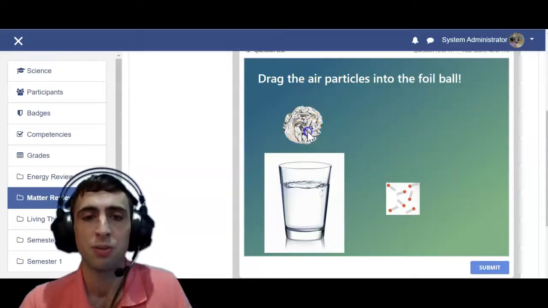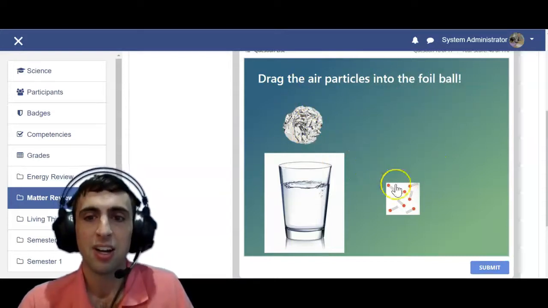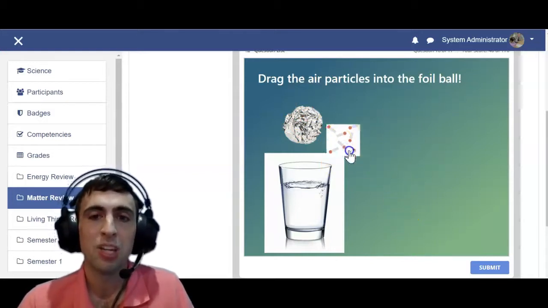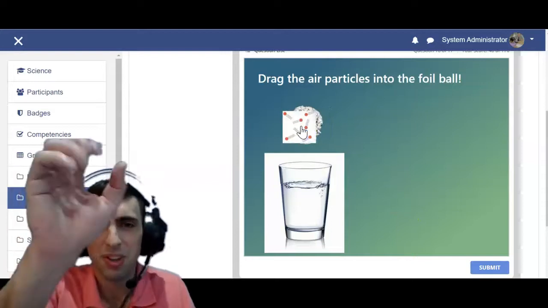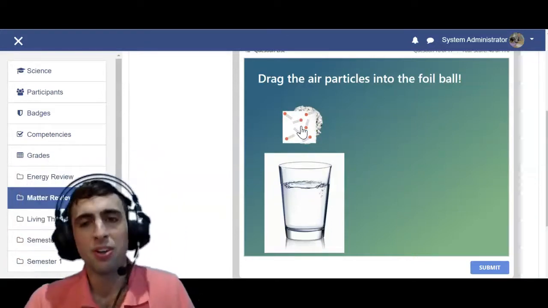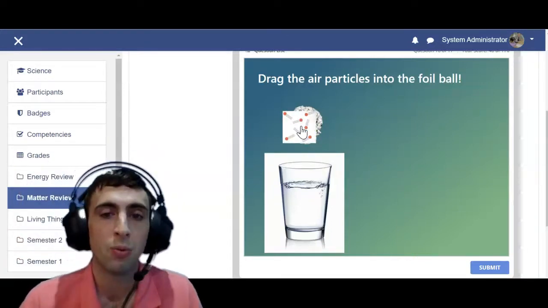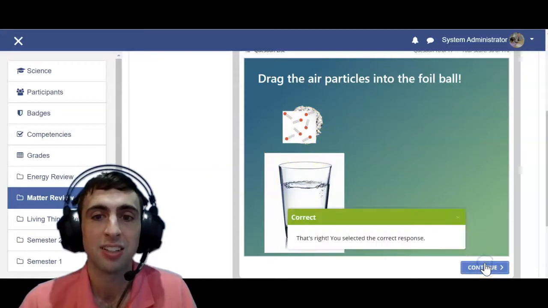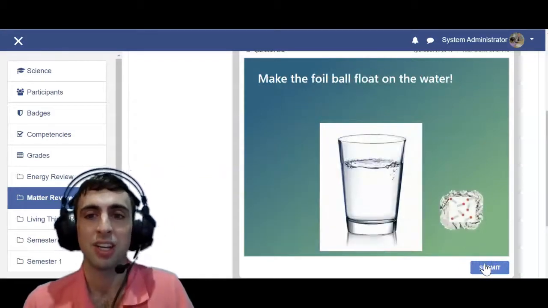Here is our foil ball right here, and here are some air particles. When we crumple up the tin foil ball above the water in the air, it traps the air particles inside. That is correct.